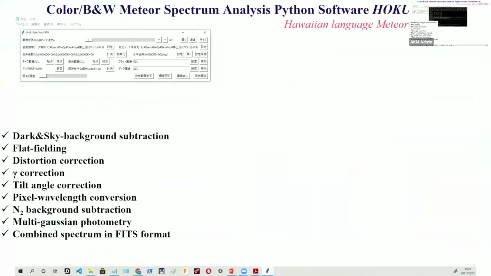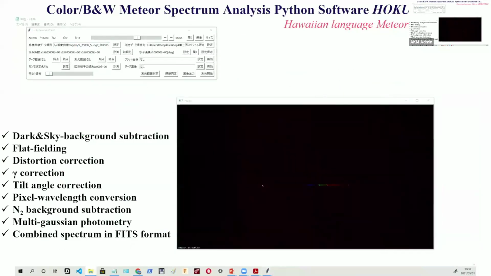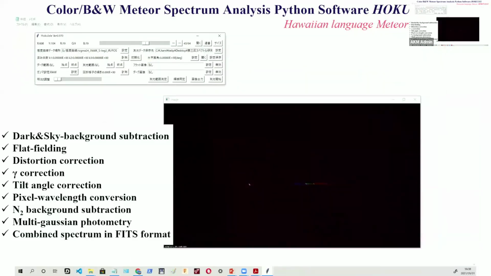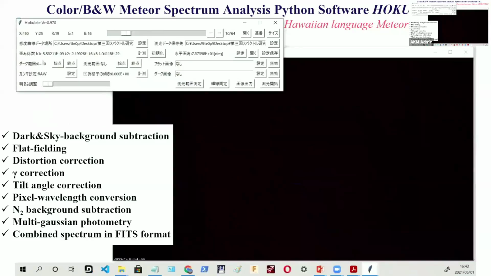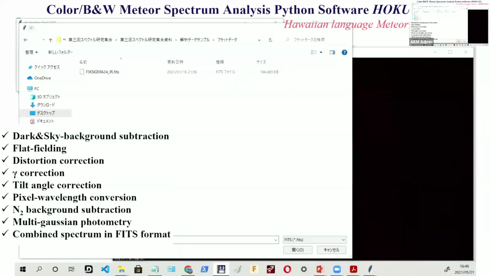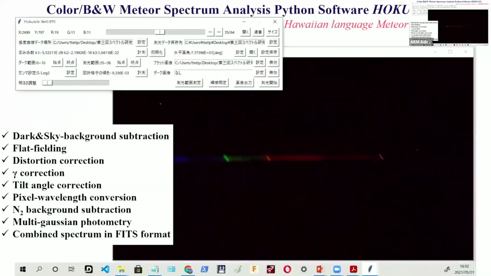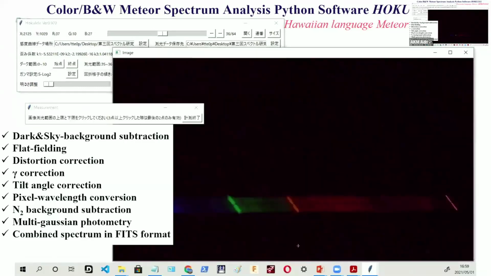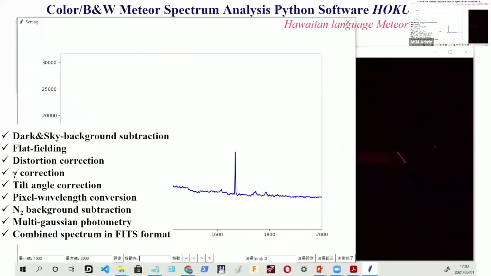Here is a real-time analysis video of what we are doing. We made special software called Hokulele, which means meteor in the Hawaiian language. We are subtracting sky background, flat fielding, distortion correction, gamma correction, tilt angle correction, pixel-to-wavelength conversion, nitrogen background subtraction, and finally multi-Gaussian photometry, and combining everything into one spectrum in FITS format or bitmap formats.